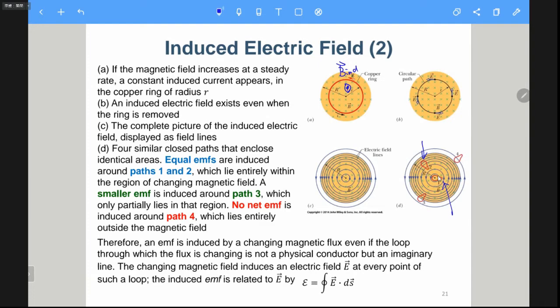So this d phi B dt would be the same for path 1 and path 2. And in that case, E dot ds will be the same for path 1 and path 2.